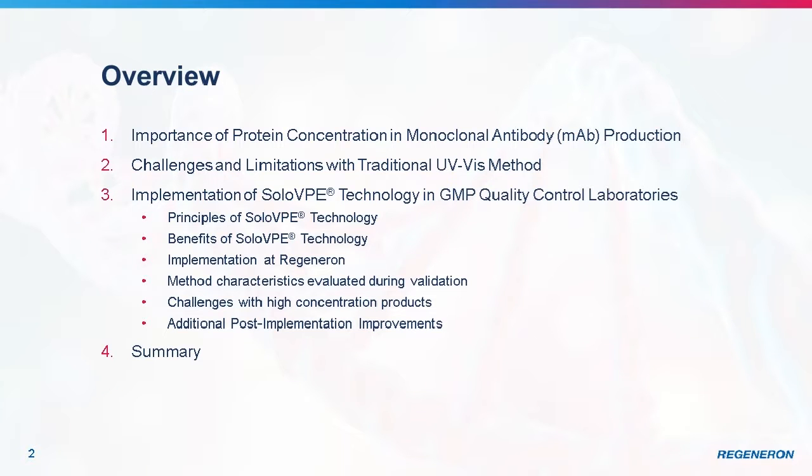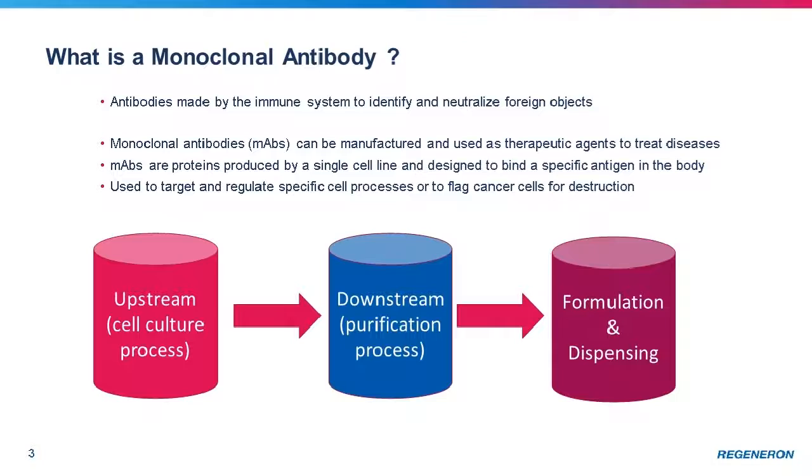Specifically, we'll review the principles and the benefits of the SoloVPE, our implementation experience at Regeneron, the method characteristics evaluated during validation of the method, some of the challenges we've seen with high concentration products, and additional post-implementation improvements that we've made at Regeneron. And then we'll end the webinar summarizing our discussions today.